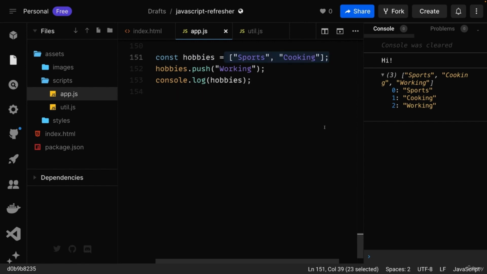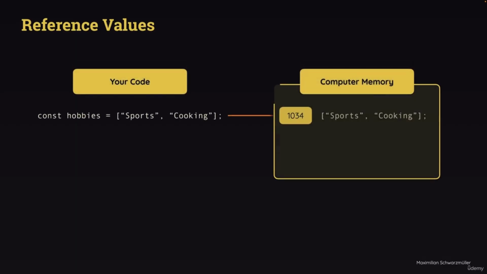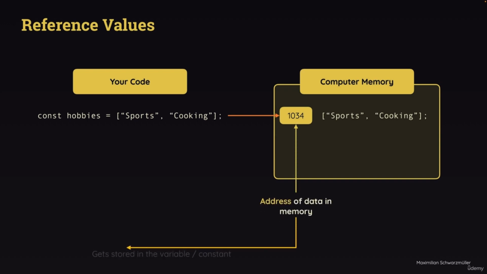Because arrays are objects, and objects in JavaScript are so-called reference values. Which in the end, to simplify it a bit, simply means that in a variable you don't store the value, but instead the address of that value in memory. So that array is stored somewhere in memory, so in the memory of your computer, and it's the address of that place in memory that's stored in this constant.